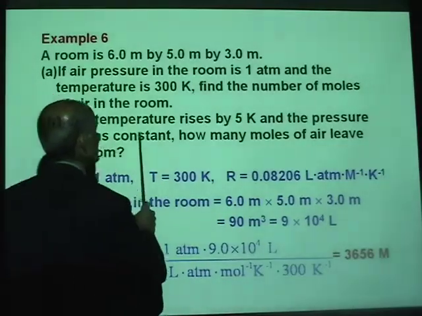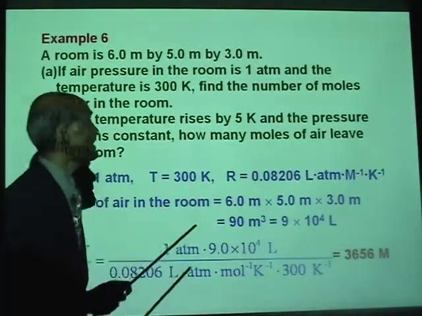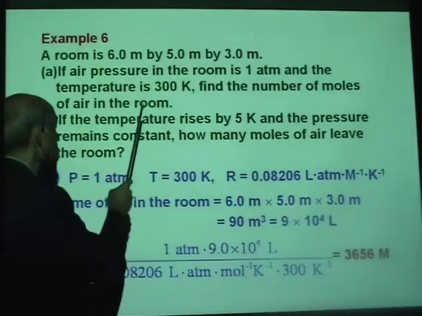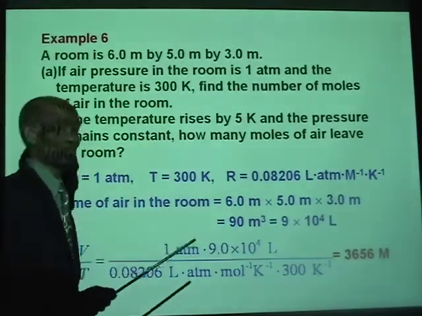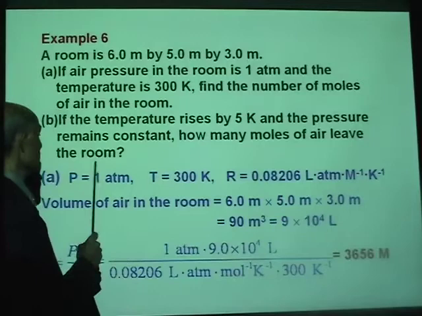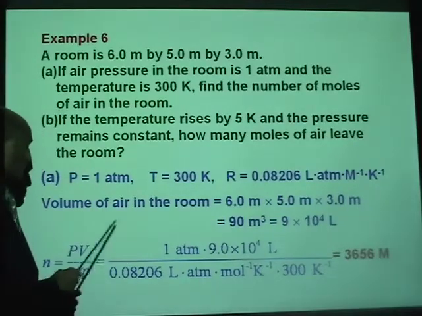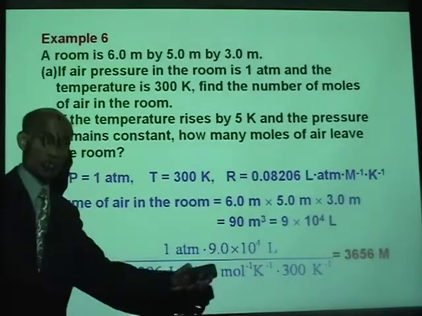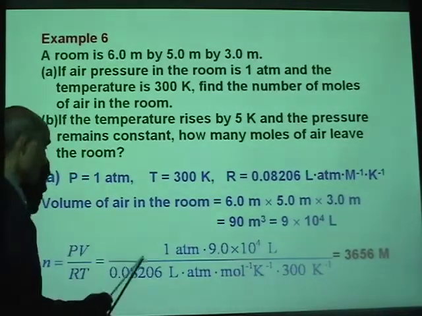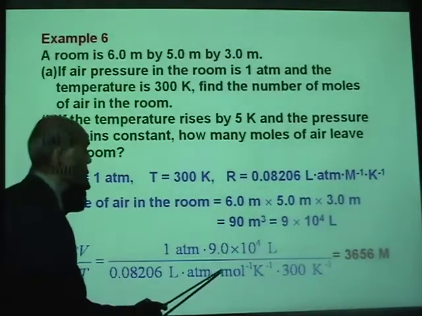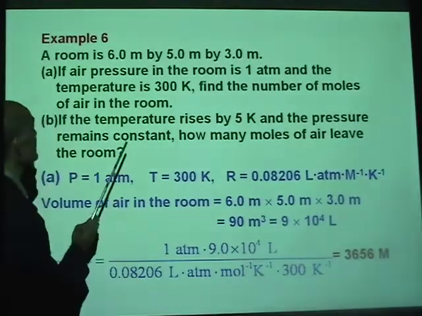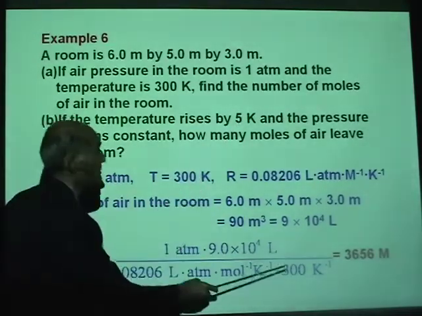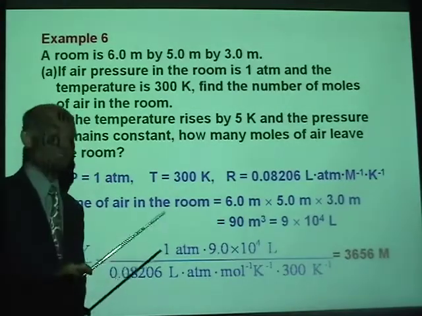And now, the temperature rises by 5 Kelvin and the pressure remains a constant. So, what do we have in the new situation? The pressure remains a constant, volume will not change, the room cannot change volume, R will not change, but the temperature now changes by 5 Kelvin. It becomes 305.